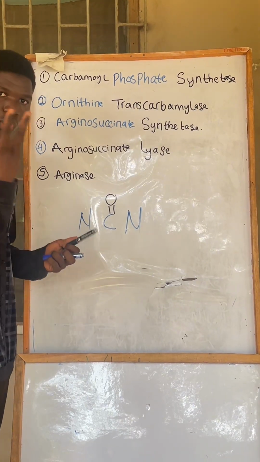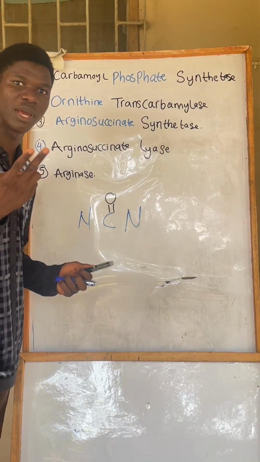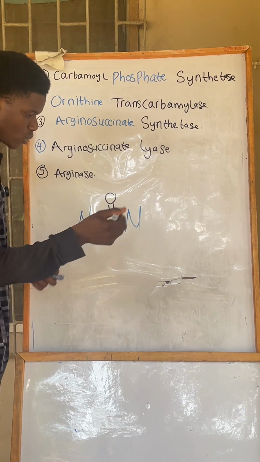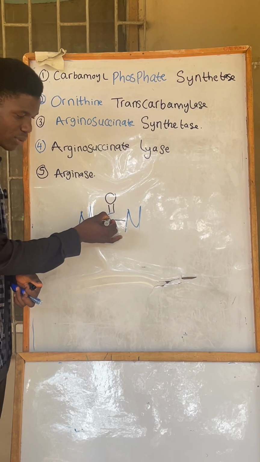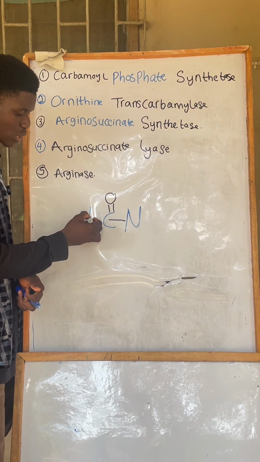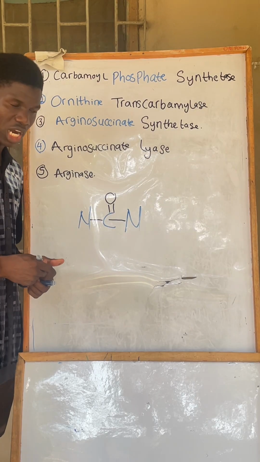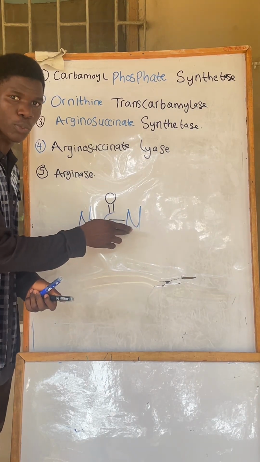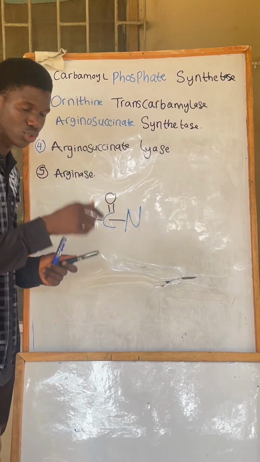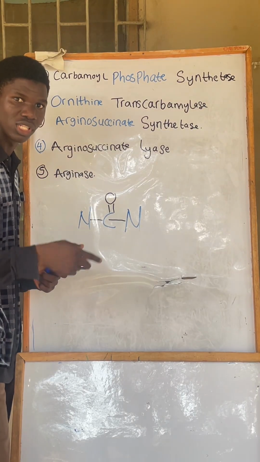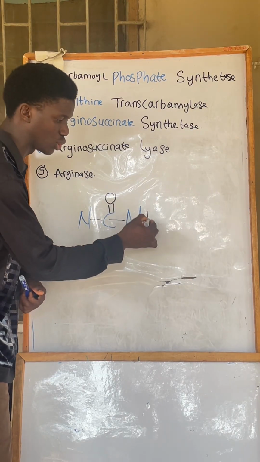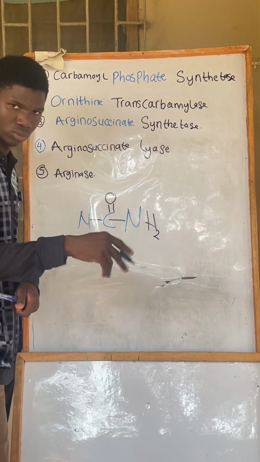And don't forget that each nitrogen should have how many bonds around it? Three bonds. This nitrogen has one bond to this carbon, and this other nitrogen also has one bond to the carbon. So that is one bond already, which means two more bonds, which are the hydrogens, H2.